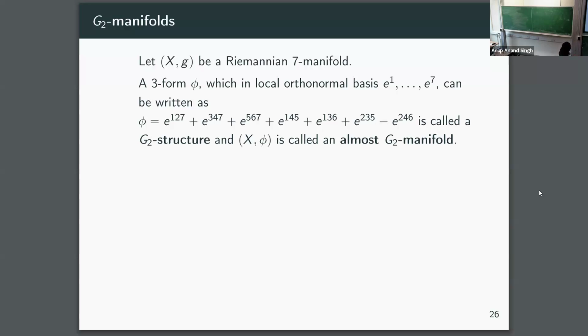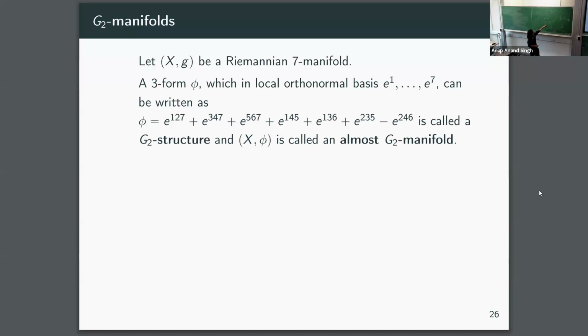So I'll consider a 3 form, which in a local orthonormal basis you can write like this. So here e127 means e1 wedge e2 wedge e7, right? And this phi, you can generally write as phi equals C_ijk e^ijk, right?